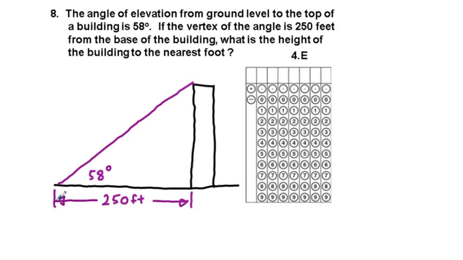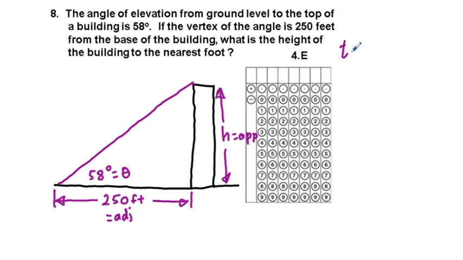All right, so in the vocabulary of trigonometry, we would call this height of the building here our opposite. Okay, that's our opposite side. This distance 250 feet below here is going to be called our adjacent side.